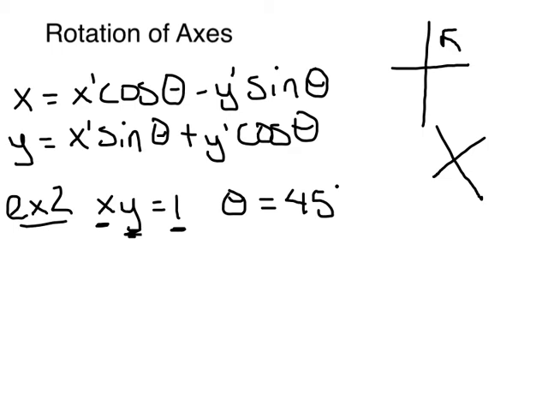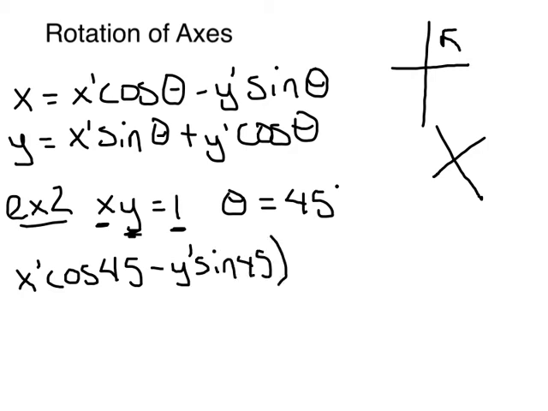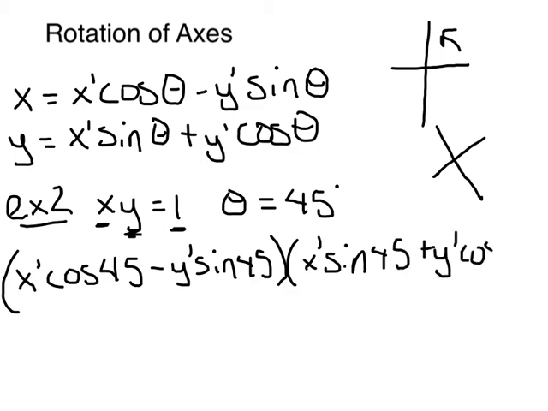And so we look up to our formula, and we know that x is x prime cosine of theta, which we know is 45 degrees, minus y prime sine of theta. That's our x, and then our y is x prime sine of theta plus y prime cosine of theta.